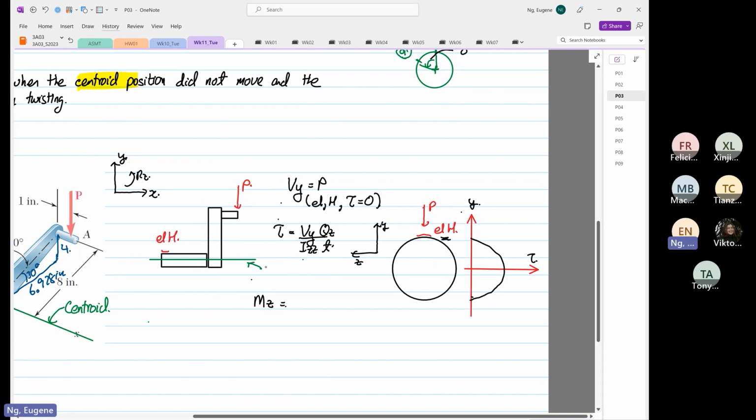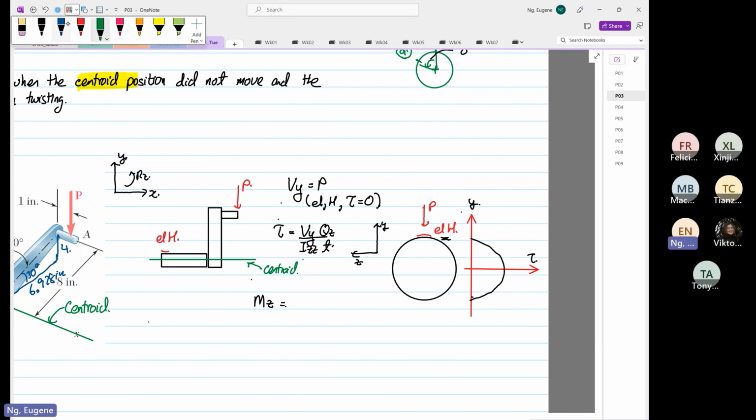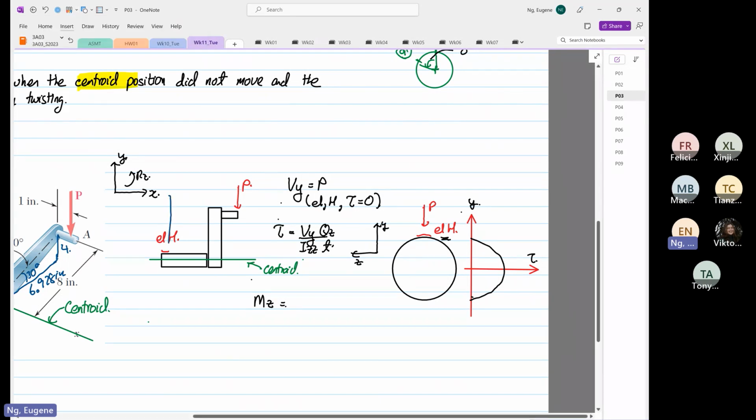So P, the moment P, is towards the element. Now we have to find the distance from here to here.